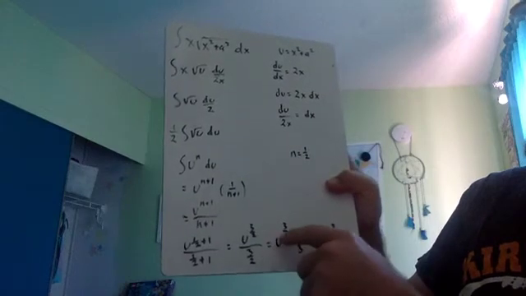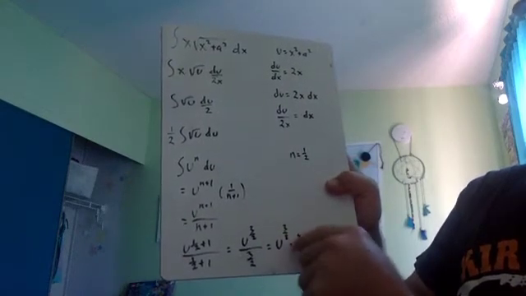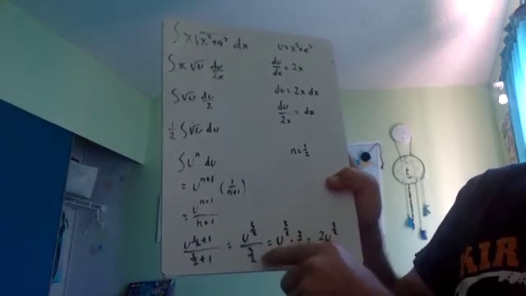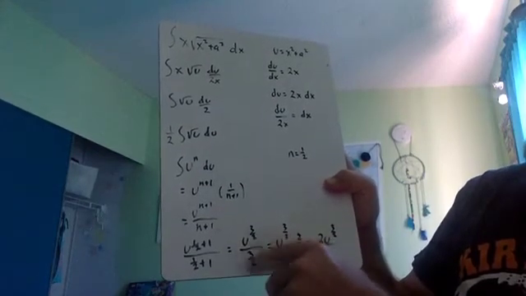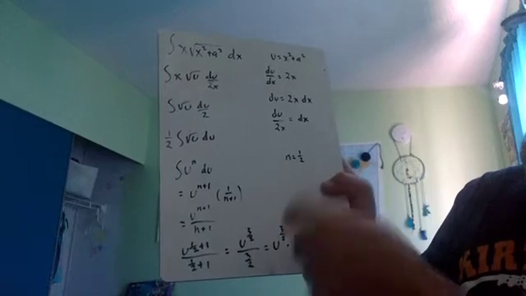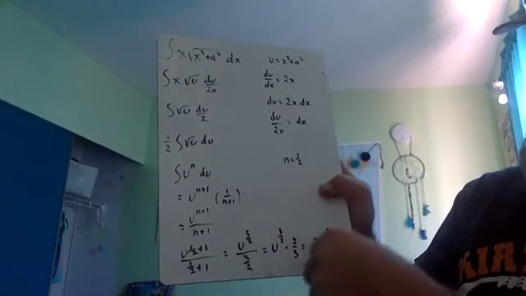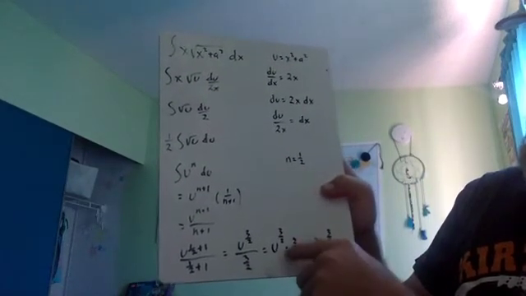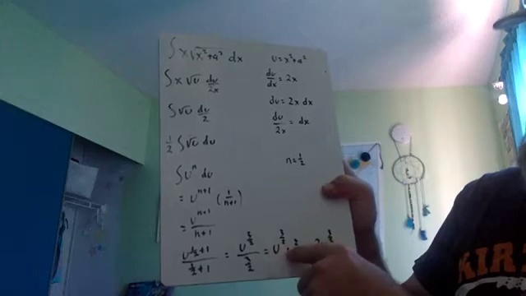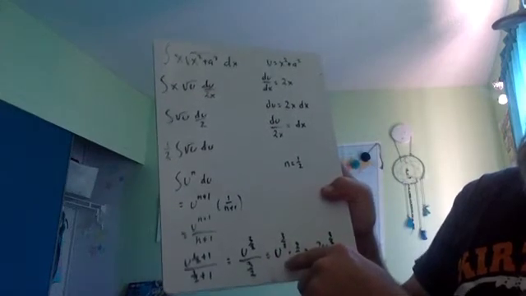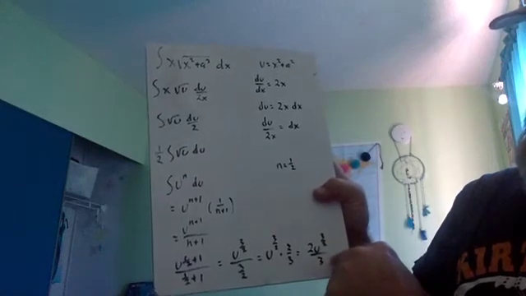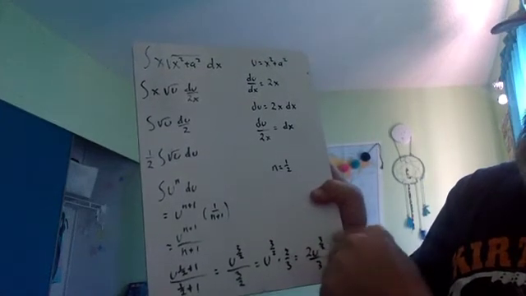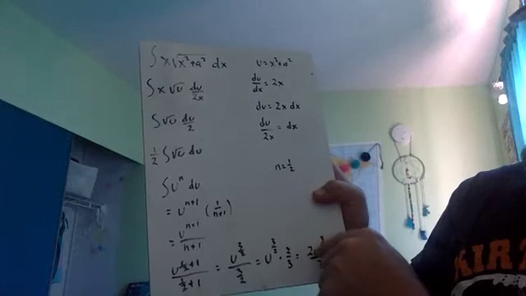So we're taking u to the 3/2 and dividing it by 3 over 2, which when you divide, you can keep, change, flip. You can multiply by the reciprocal. So instead of dividing by 3 over 2, we're going to multiply by 2 over 3. The 2 goes into the numerator and the 3 goes into the denominator.